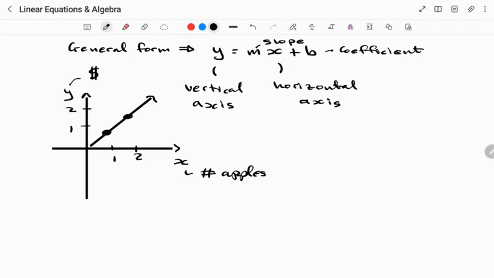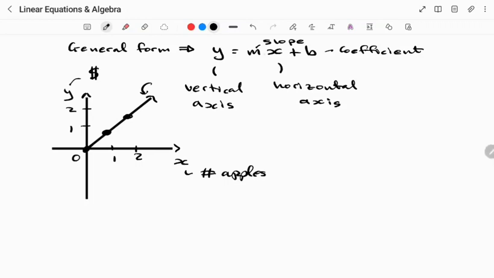B is where this line touches the y-axis. In our case, it touches the y-axis at 0. When you buy no apples, it doesn't cost you anything. It could be a number depending on what the situation is that you're given. B is not always 0.